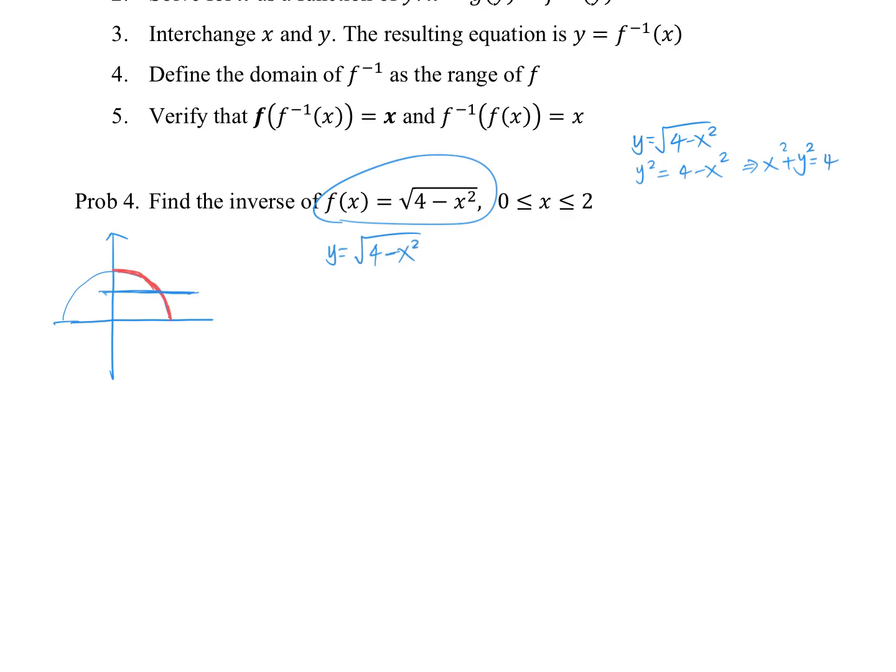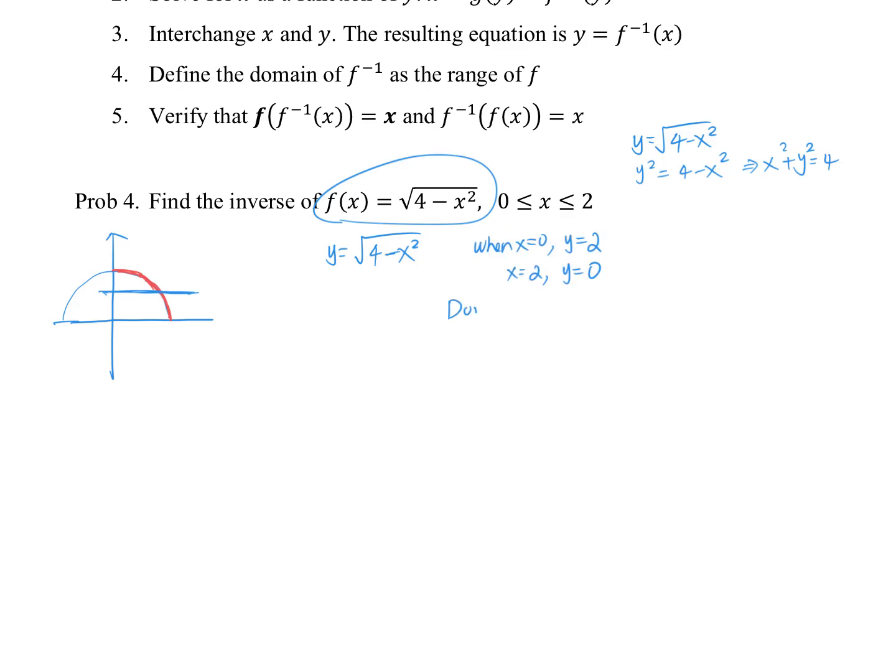Now, step number 2, let's solve for x. By the way, we should clearly state that because this is one-to-one, it is decreasing. Therefore, we can find the range quickly. When x is 0, y is square root of 4, which is 2. When x is 2, y is actually 0.